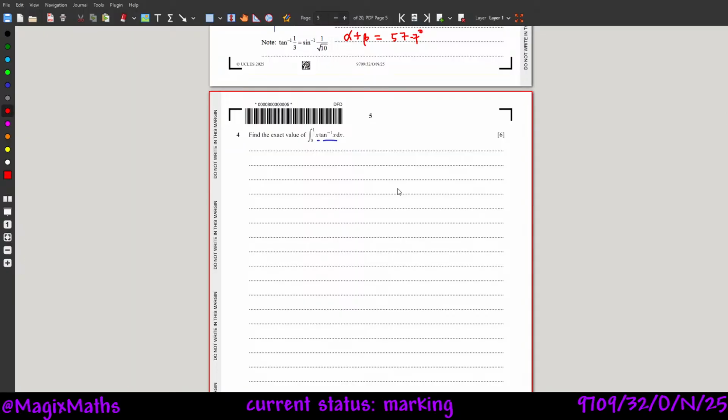So moving on to question 4. We begin with integration by parts. So we would have got the x squared.